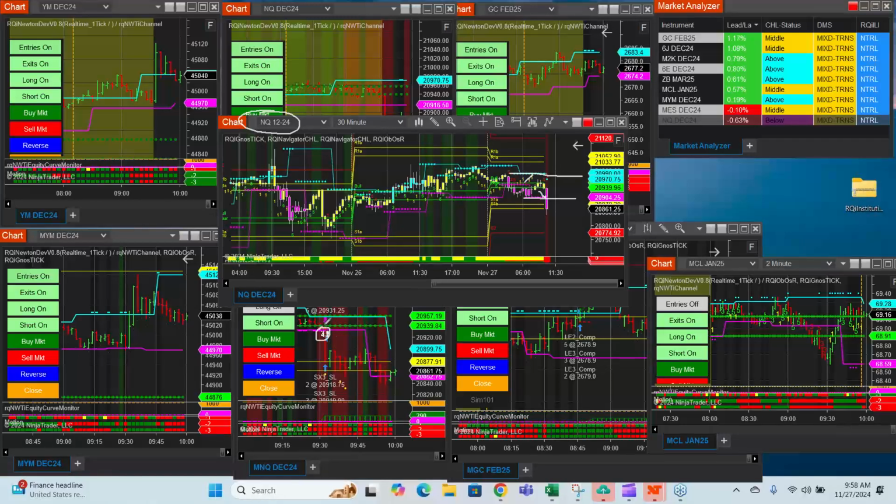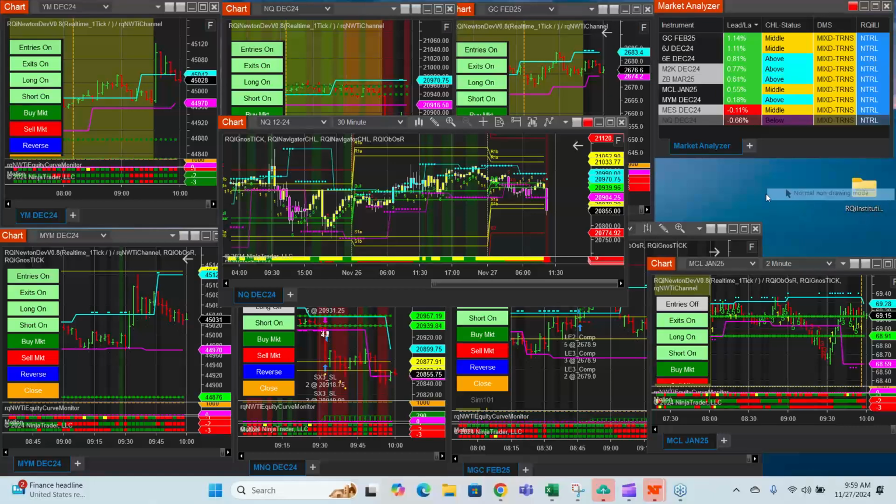This is right at the very entry of bear zone 1. These are Gnostic levels. You can see how it stopped right there. And now we have potential shorts again over here, entering bear zone 2.